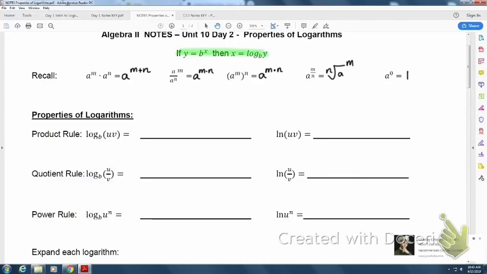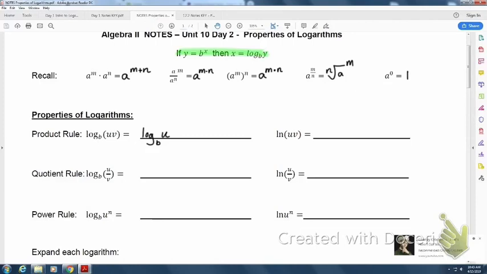If I've got log base b of uv, all I'm really looking at is what is going on right here. Okay, I've got two things that I'm multiplying together. I've got u and I've got v. I can expand multiplication, which is what is happening there, with addition. So if I've got two things, u and v, each one is going to get its own log base b.